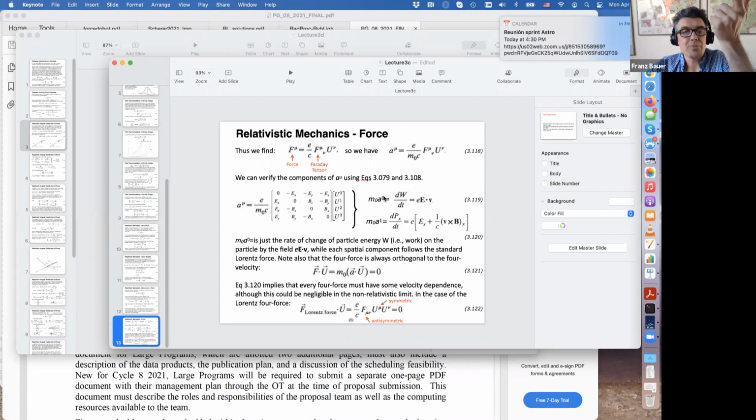Yeah, I'm puzzled by that. There should be an extra factor in one of these two to get rid of it. I think there needs to be a velocity here, 1 over velocity. All right, let me come back to that. I may have to change that. But I'm pretty sure that in terms of unit dimension analysis, that has to be.